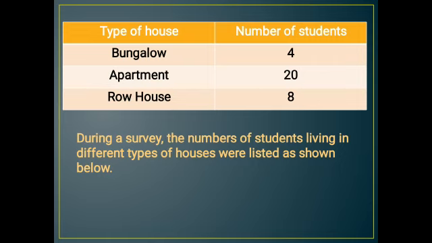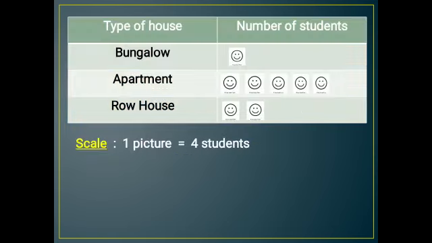And 4's table it can go, yes or no? Yes. So we can take one picture is equal to 4 students. See here, we have to write the scale also. So we have written the scale: one picture is equal to 4 students.